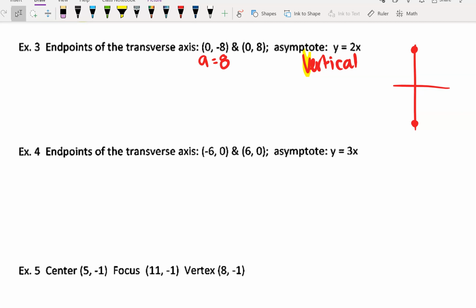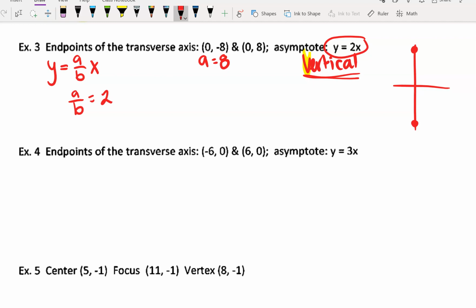The fact that they gave us the asymptotes means that we might want to use our asymptote formula, which for vertical is going to be y equals a over b x. So a over b x is going to be 2x, which means a over b must equal 2.